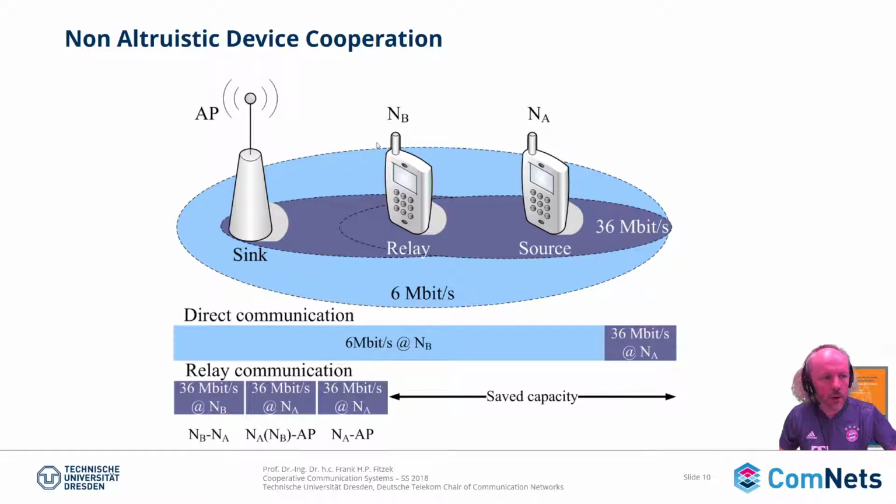Because if node B sends with 36 to the access point, and then there will be 36 megabit per second to transmit a packet from node A to node B, then relaying it from node B to the access point, if you look at the time that this will need, you will see we save a lot of capacity, and if you only have these two nodes available, there will be more chances for node B to access the channel again. So now there is a clear incentive for node B to help node A to relay.